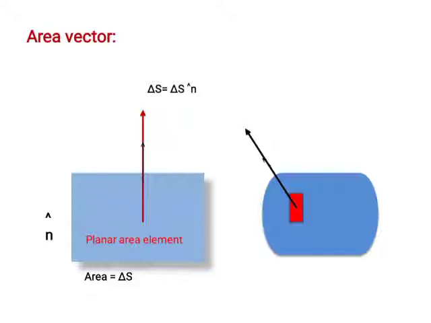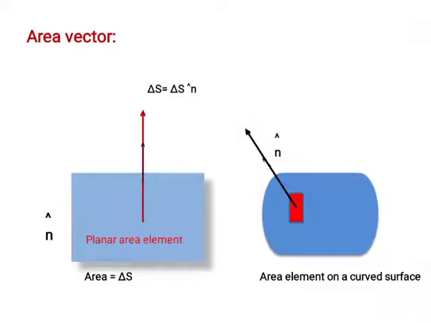Here I have taken the example of a curved surface. This is a normal, the line perpendicular to the curved surface, n cap, and this is a curved area element.